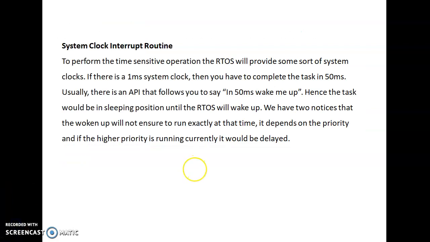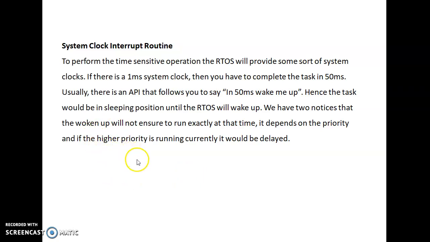System clock provides a tick. A tick is nothing but a clock pulse. So the whole system is quantified according to the system tick, which is derived from the system clock. Interrupt routines are written to run all the tasks concurrently.